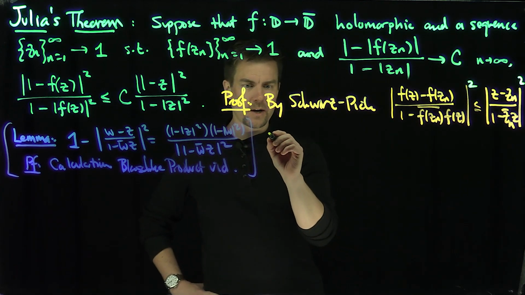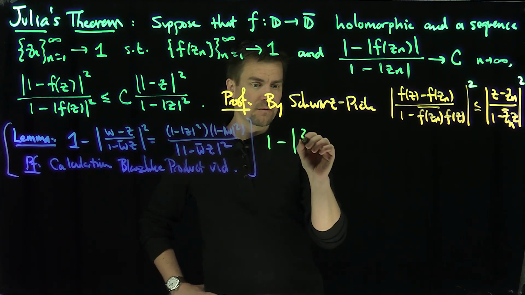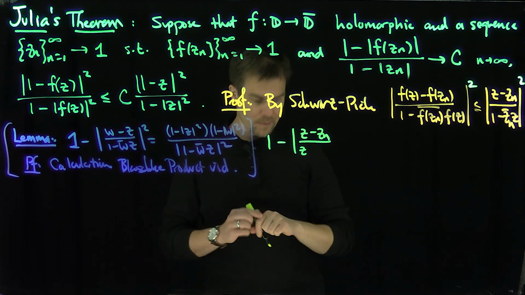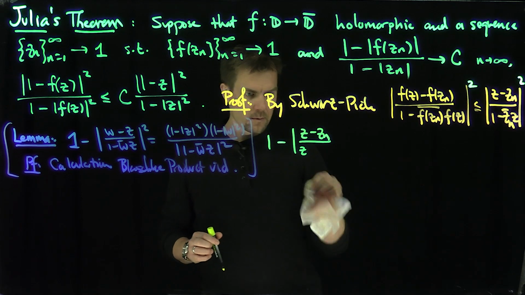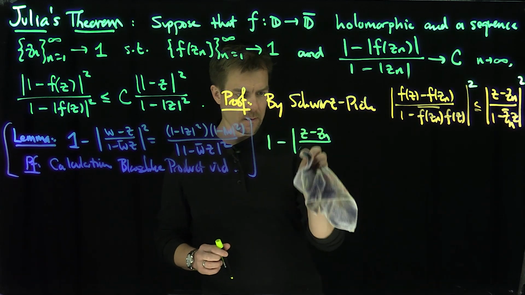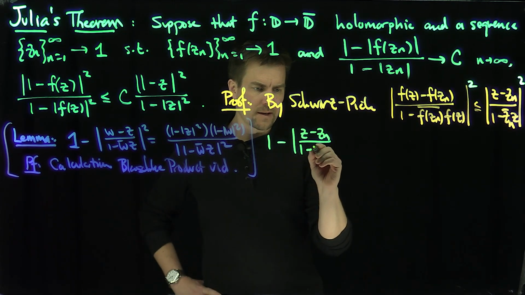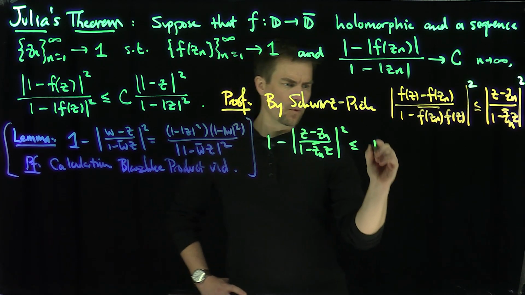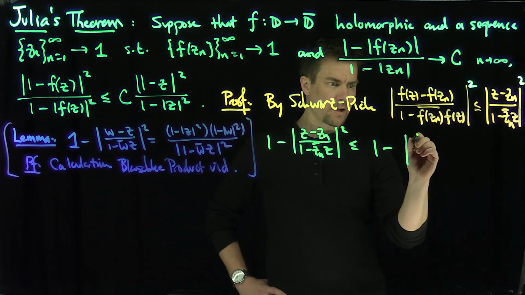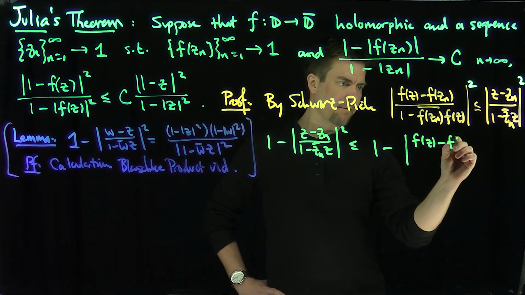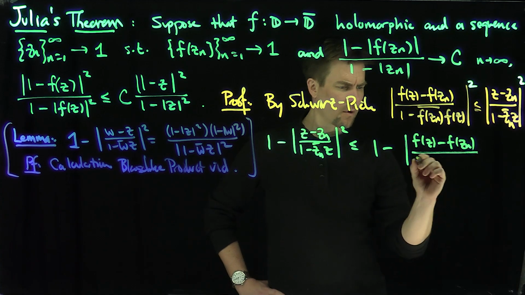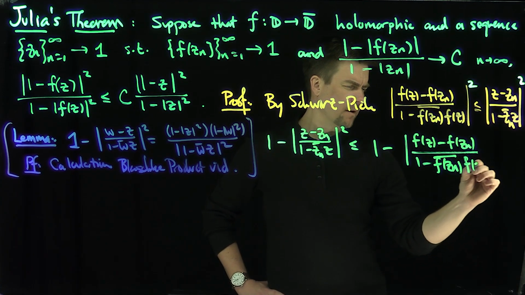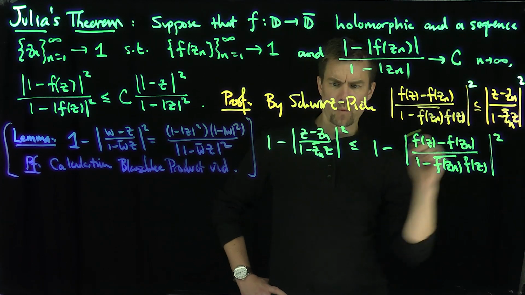So now by Schwarz-Pick, I know that 1 minus modulus of z minus zn over 1 minus zn bar z, squared, is less than or equal to 1 minus f of z minus f of zn over 1 minus f of zn bar f of z, squared.